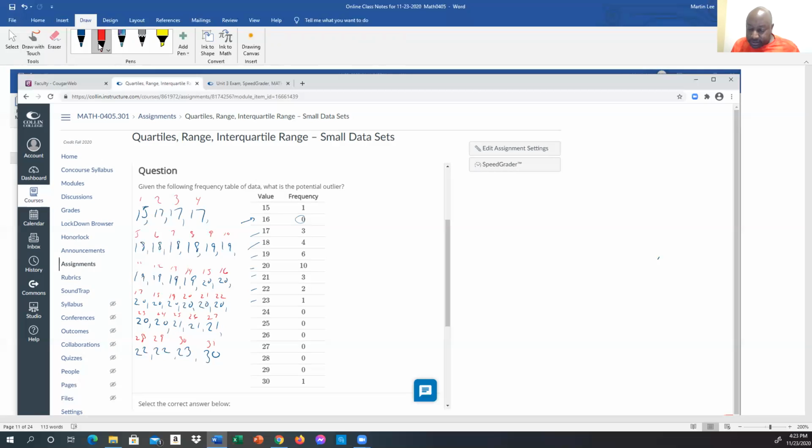So the first thing we need to do is add up the number of numbers that we have. Well, we just said there's 31 because we labeled them.